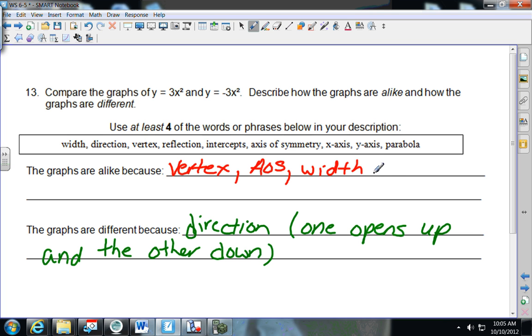Technically, we could say that they're both parabolas. They both have the same x and y intercepts. But the main thing is seeing that the widths are the same, and the only thing different is the direction, that one opens up and one opens down.